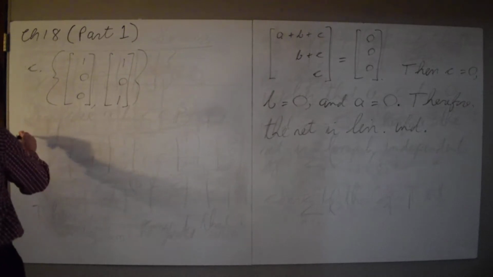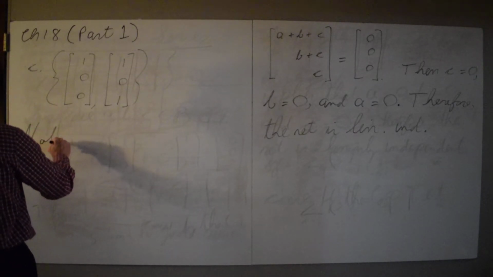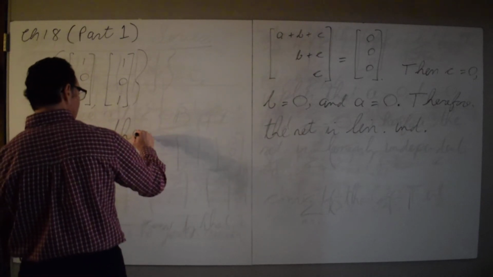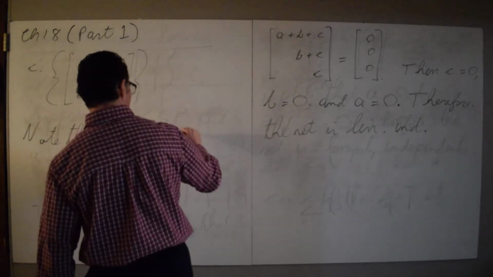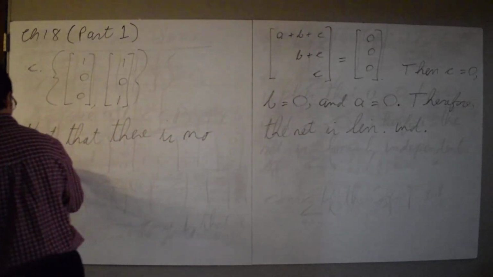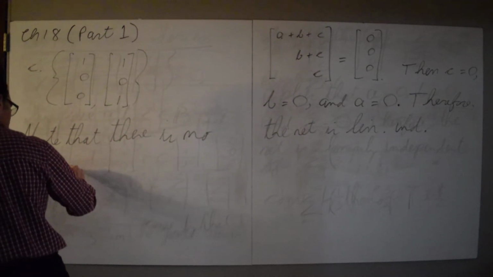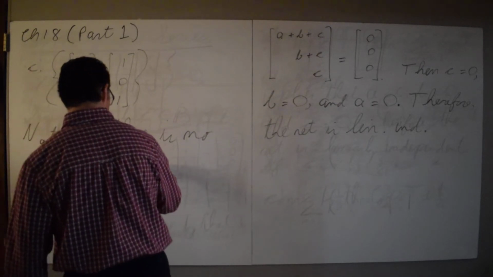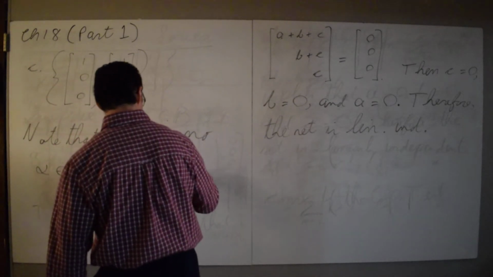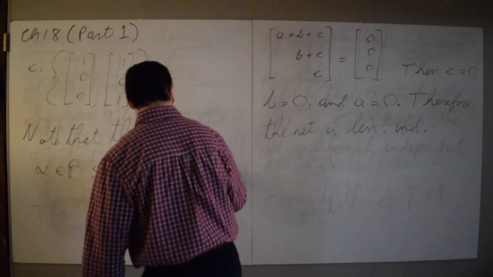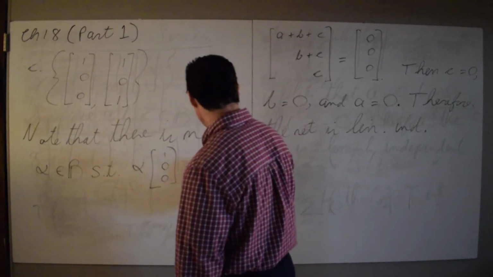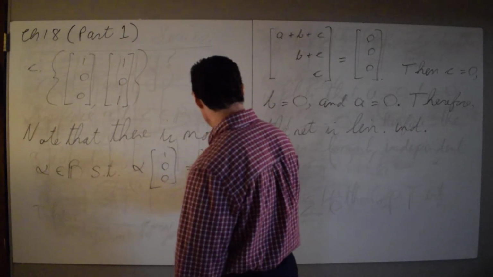So note that there is no alpha in the reals such that alpha times the vector 1, 0, 0 is equal to 1, 0, 1.